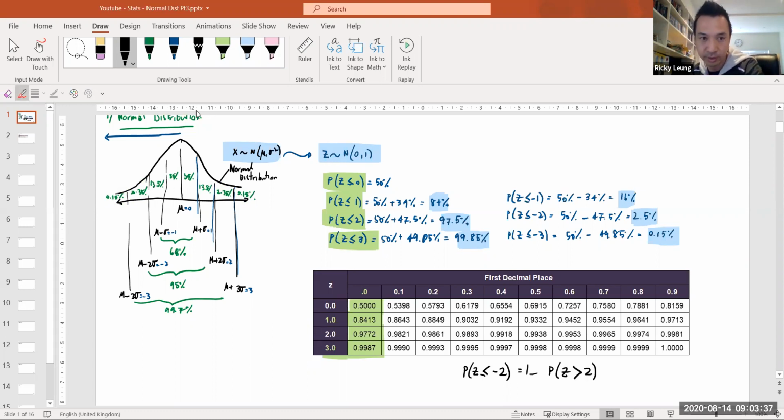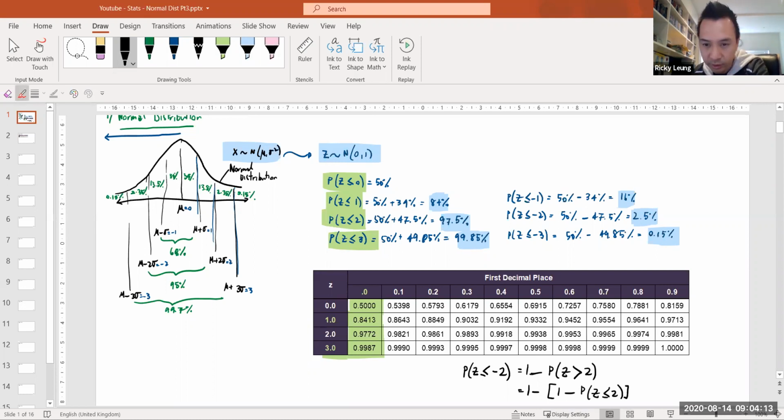2. And how would you do greater than 2? You basically do 1 minus, because 1 being the 100%, 1 minus anything less than that. So that's the same as 1 minus, in brackets, 1 minus the probability that Z is less than 2. So put a bracket around that.